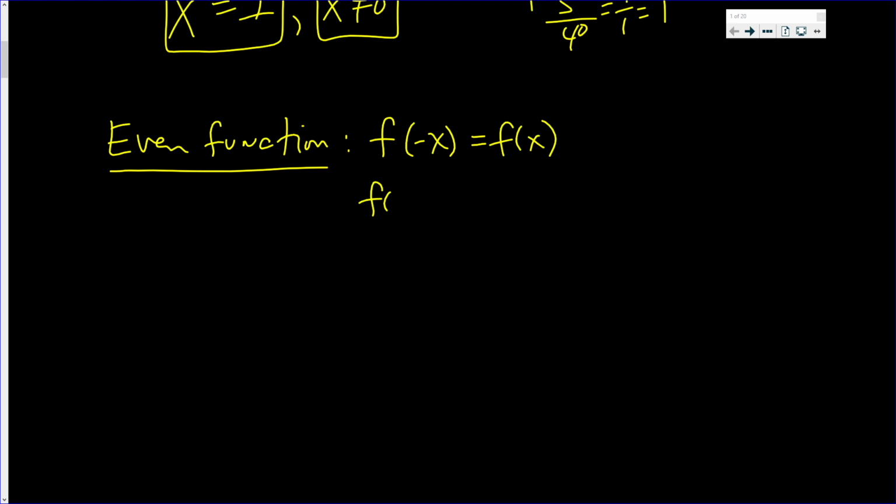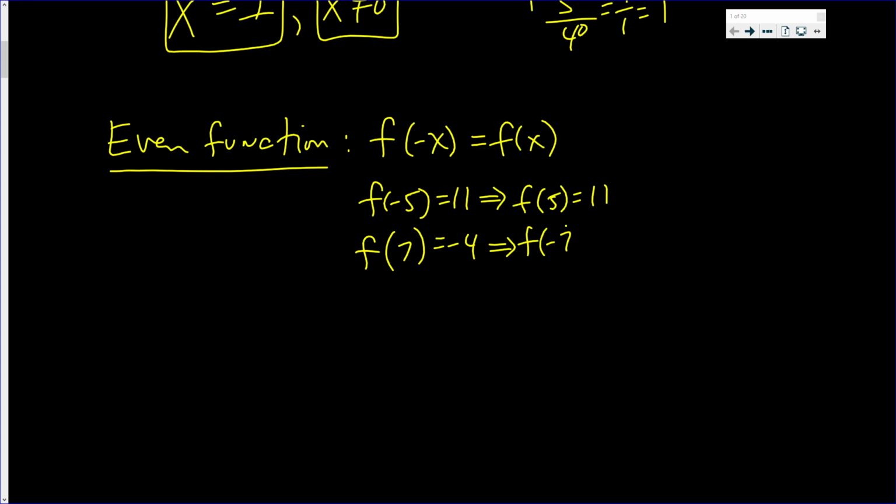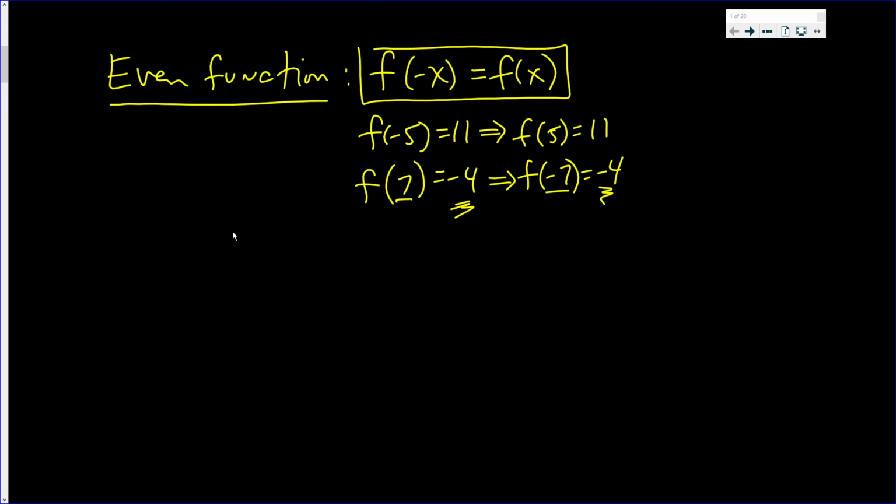That is, if f of negative 5 equals 11, that implies that f of positive 5 equals 11. If f of positive 7 is negative 4, that implies that f of negative 7 is negative 4. Doesn't matter whether you plug in 7 or negative 7. You're going to get the same output. This here is the definition of an even function. F of negative x is equal to f of x.